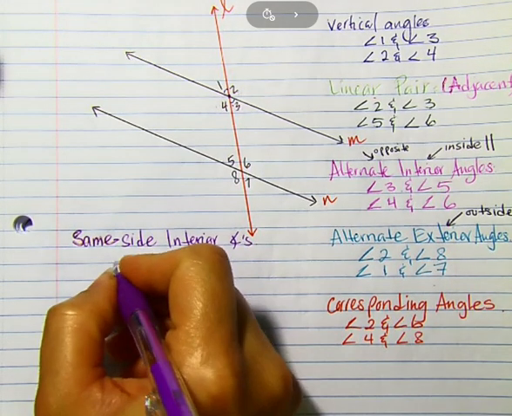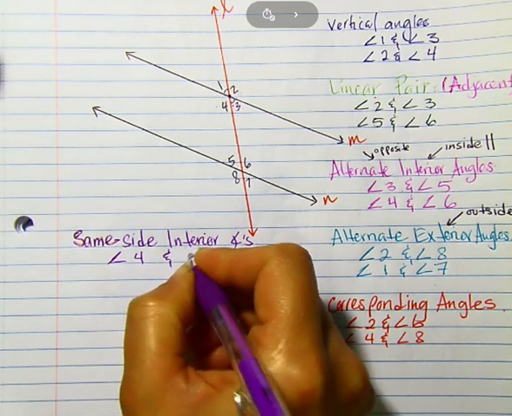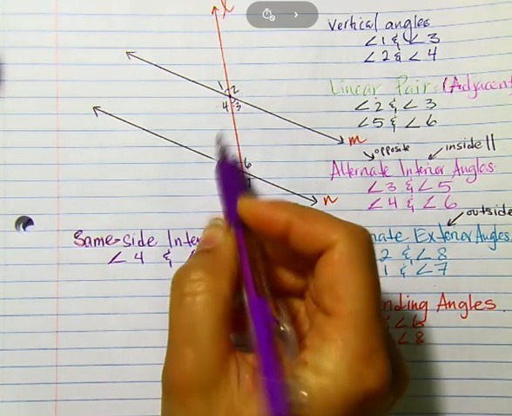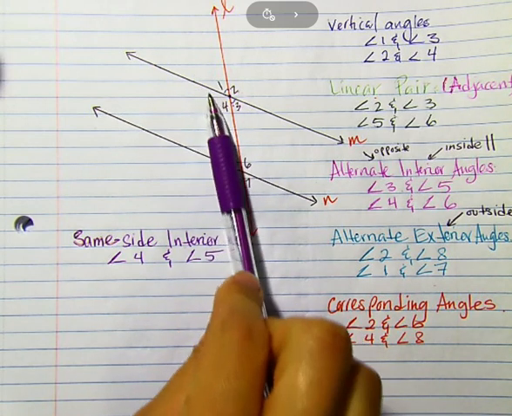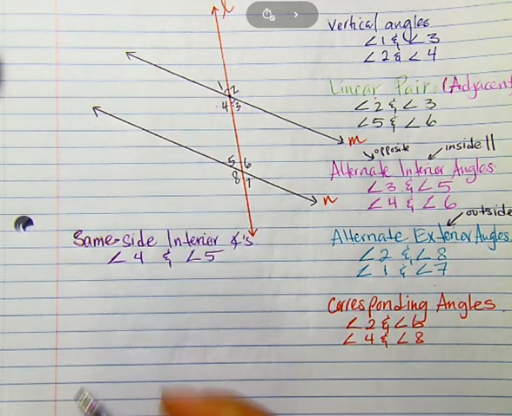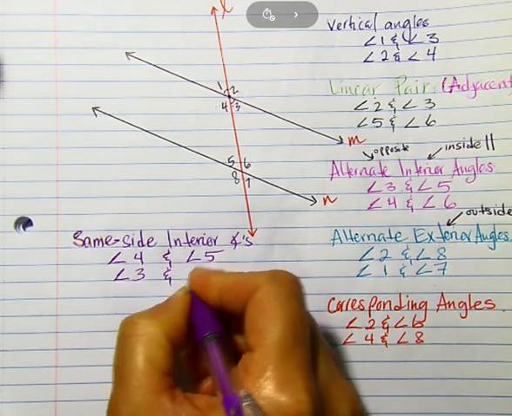So if you look at this, that would mean angle 4 in relationship to angle 5 are same side of the transversal, and they're on the inside of the parallel lines. There's another pair, which is angle 3 and angle 6.